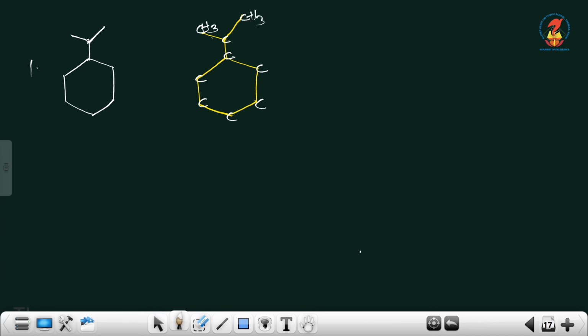Here also 3. What about this carbon? 1, 2, 3 valencies are satisfied, so remaining 1. So here also 1. Check the surroundings, count the number of surrounding bonds. Here 1, 2, so remaining 2 valencies. Here also 1, 2, remaining 2.